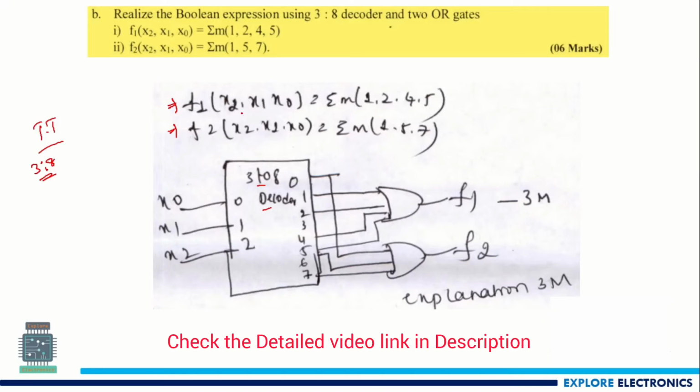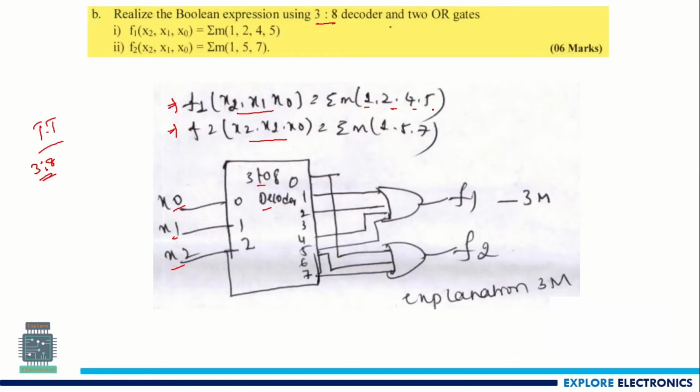So here the 3 inputs you can say are x0, x1 and x2. Using the decoder, since it is a 3:8 decoder, 8 outputs will be there. The first expression consists of 1, 2, 4, 5. So take 1, 2, 4, 5 into one OR gate, and that gives the function easily.